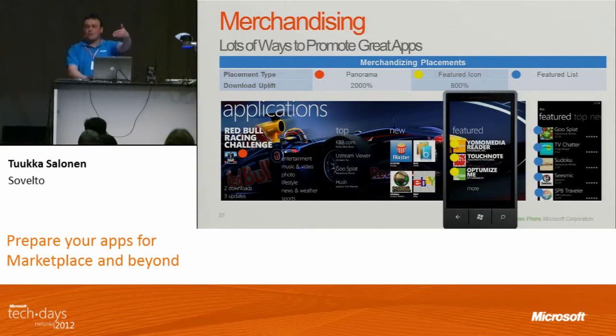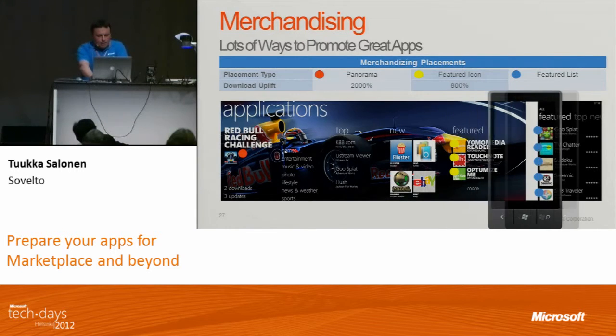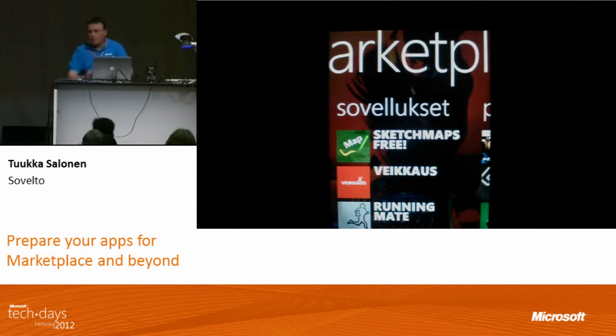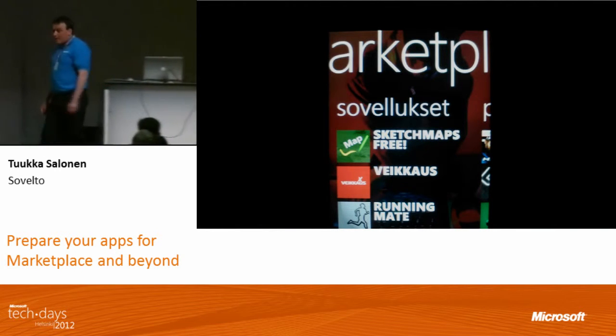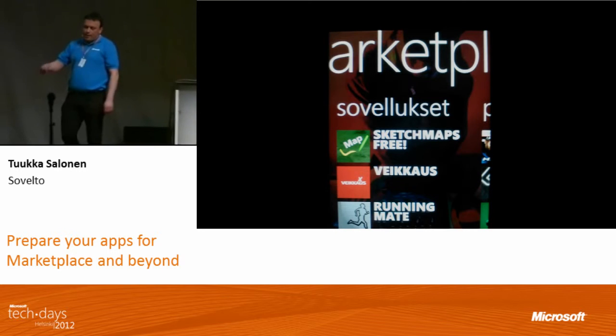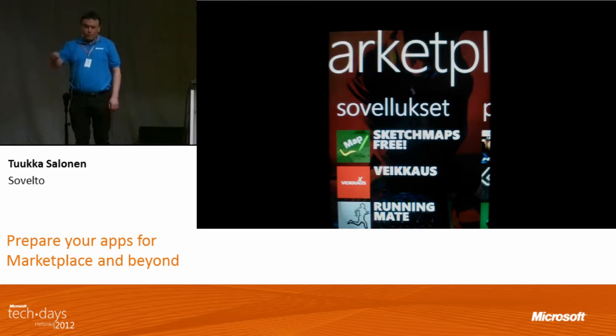A lot of downloads. But of course, the competition is fierce. We have probably close to 100,000 applications. To get there is not easy. In my case, however, if you go to Finnish Marketplace right now, the first application it will give you is Sketchmaps.